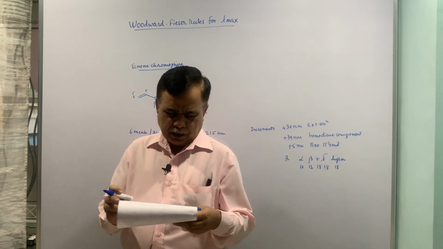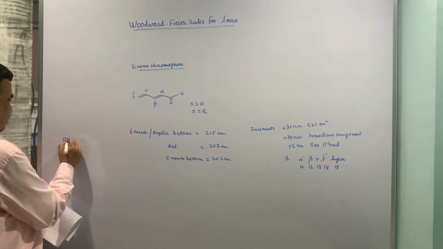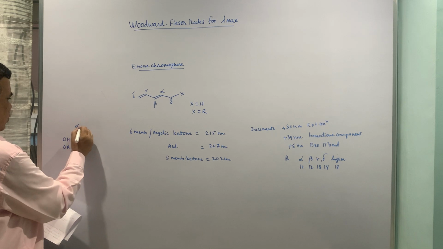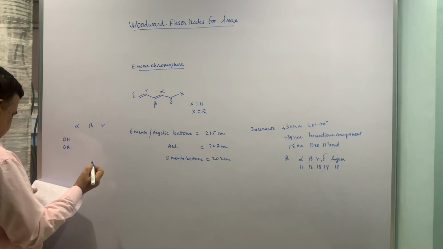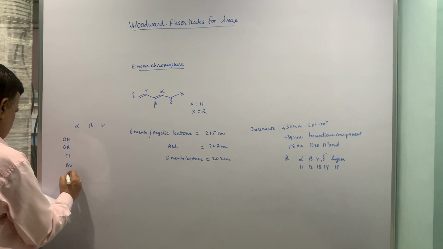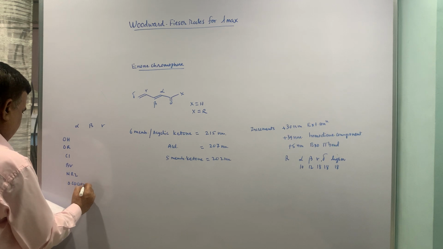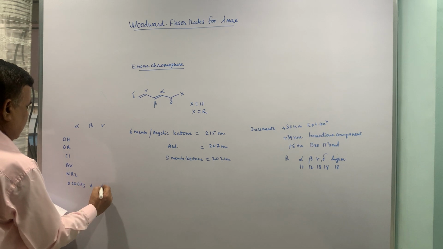Then certain groups which are given there, OH, OR, I am going to put it like this so it will be easy, Cl, Br, NR2 and OCOCH3. OCOCH3 is plus 6.